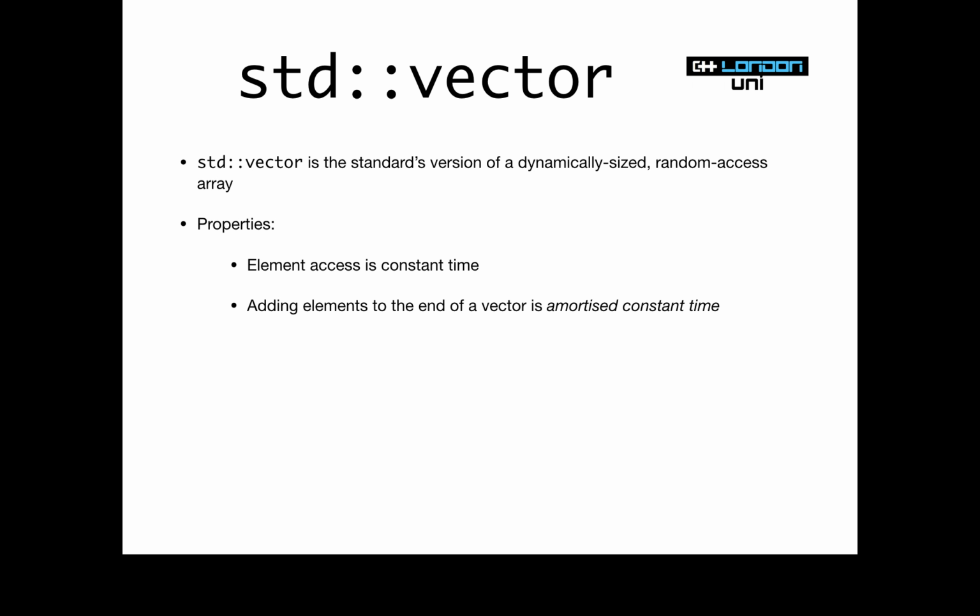What the vector does then is go to the operating system, or technically uses this allocator thing, and says, can I have some more memory? It reserves twice as much as it had before. So if it previously had enough space for 10 elements, it'll ask for enough space for 20 elements. Then it'll copy, or in fact move, all the elements from its previous storage into the new storage, and delete the old storage.